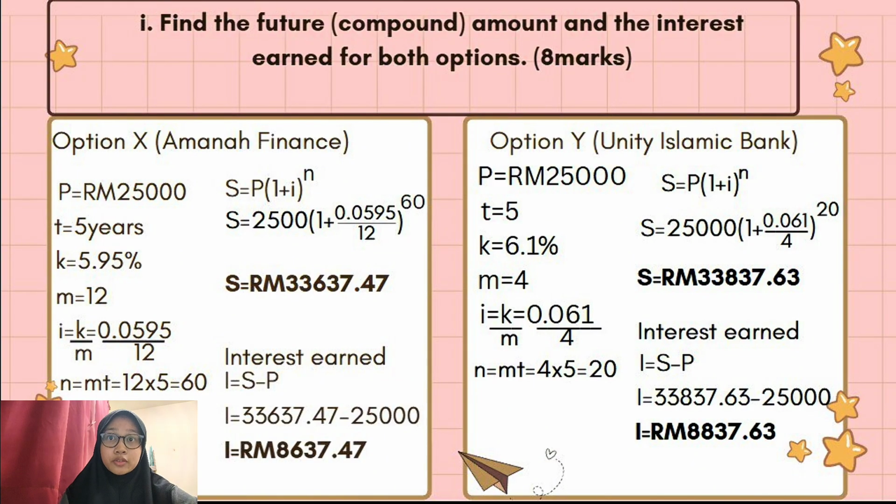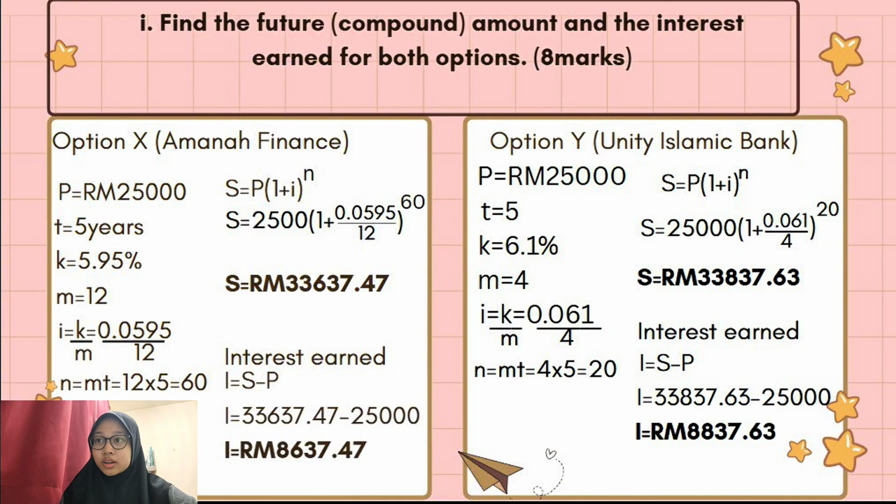First, we get the information out to find the compound amount for option X, Amanah Finance. Okay. S, the future value, is unknown, the principal is 25,000 and the annual nominal rate is 5.95%. The per-period interest rate is 0.0595 divided by 12, and the frequency is compounded monthly, which means 12 times a year.